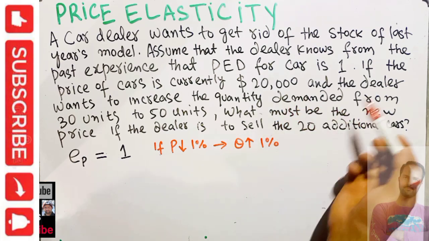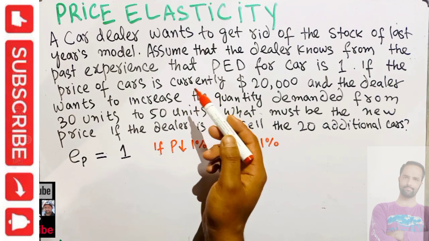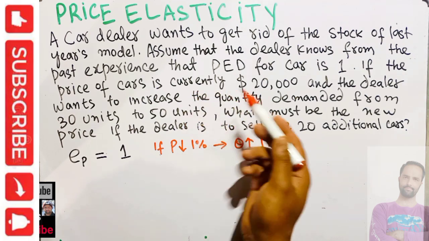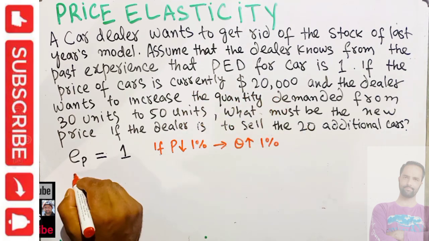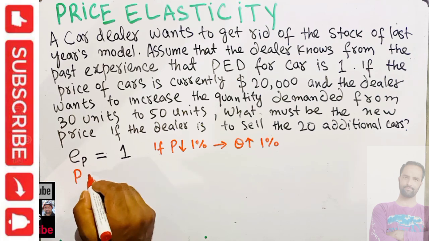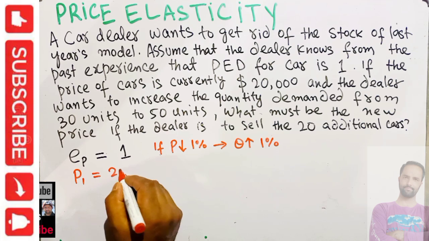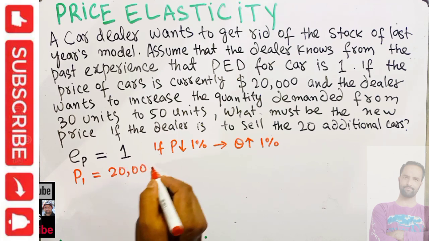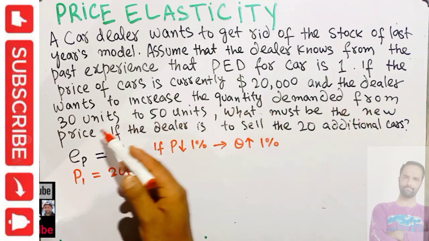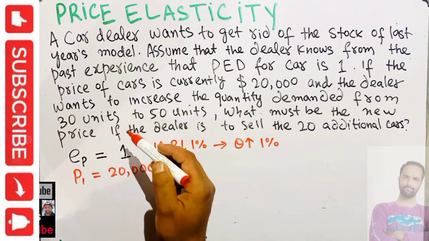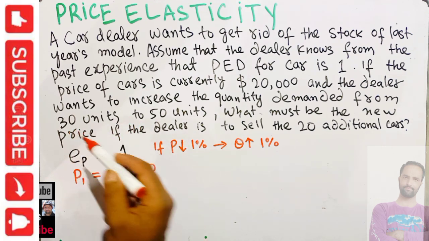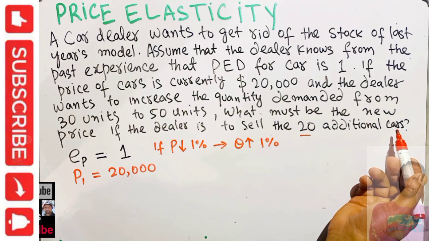Also we are being told that the current price of the car is $20,000. Let us denote it by P1, which is given as $20,000. And we are told that the car dealer wants to sell 20 additional cars.